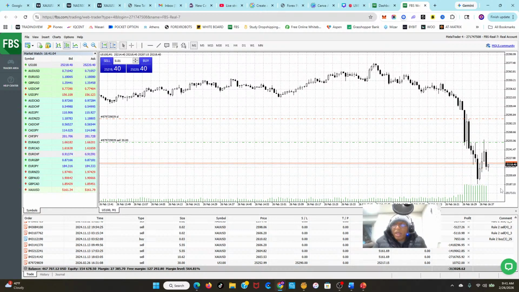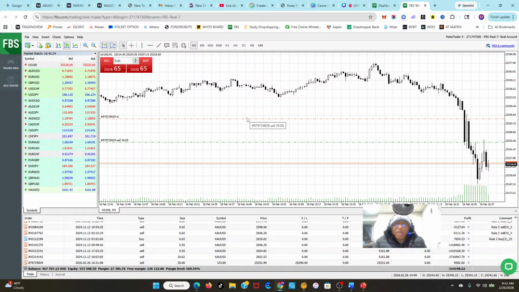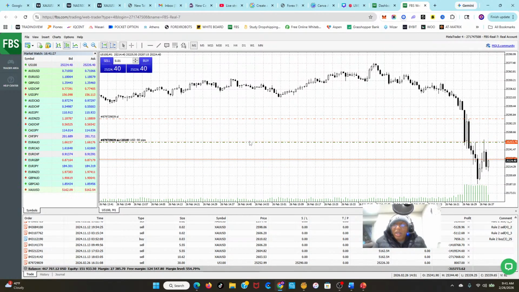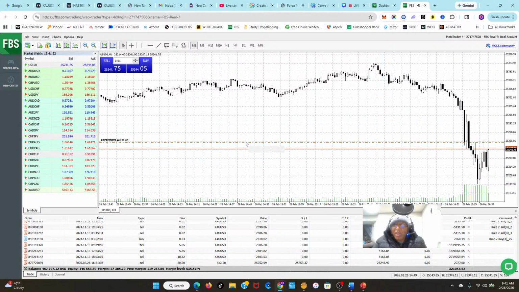You can see we're starting to play that game of red, green, red, green. You can see the power bars were here up to this point. So in this case, we can just bring the stop loss to break even, in case it comes back. There, we're at break even now.